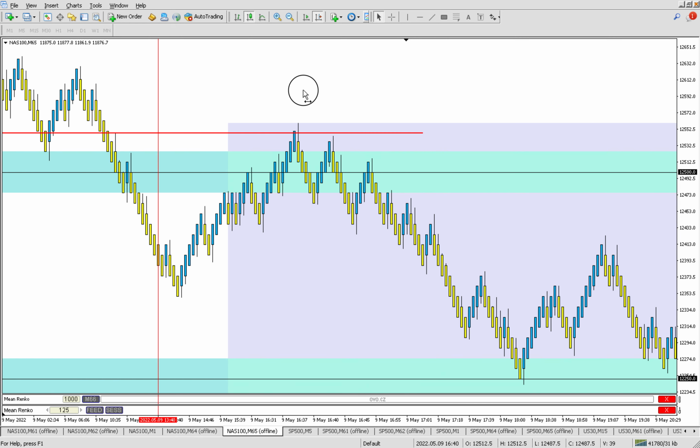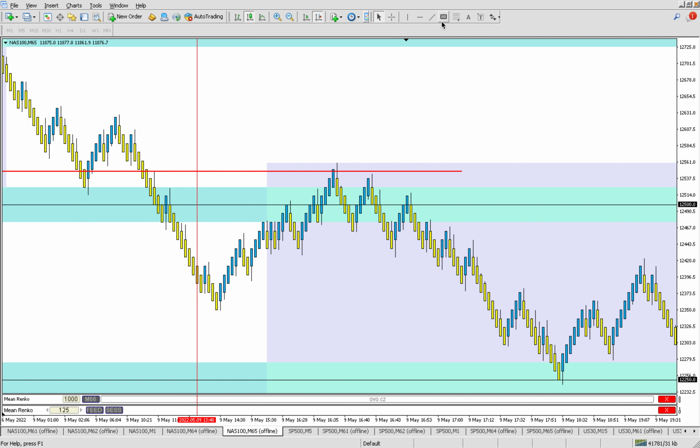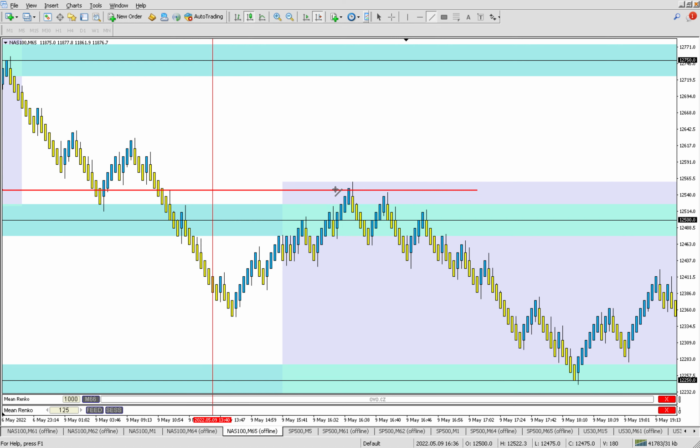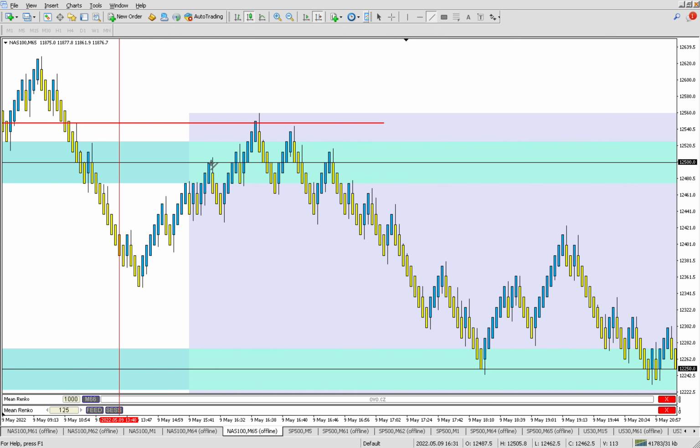So here we go, right here. So ideally, I would have been looking for, like I said, that entry setup, and you can't use anything over here. It's not enough information there for you to use. So what you would have had to do was wait, right? You would have had to wait where you got a high right here, and price clearly ran above it.